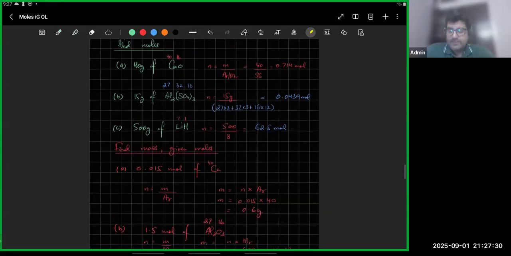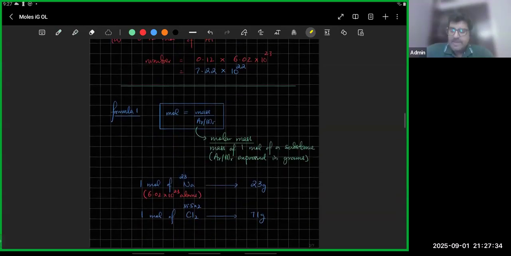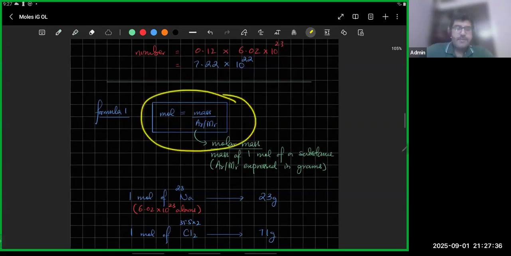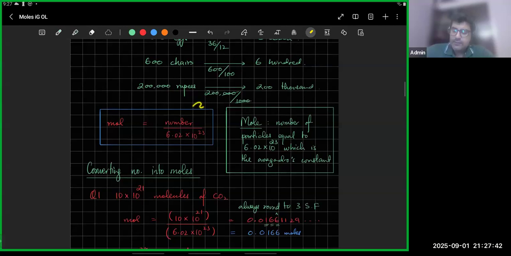So we did three formulas so far. There was moles equals mass over Ar or Mr, which is mass over molar mass. We had the first formula, the conversion, that if you want to convert any number into moles, you divide the number by Avogadro's constant.